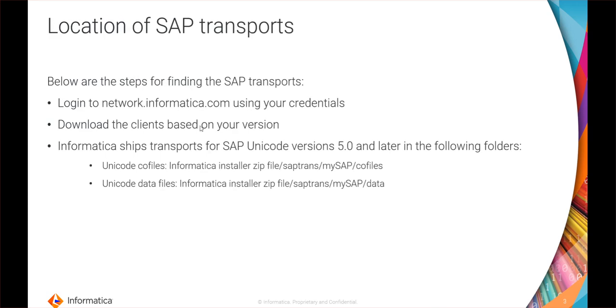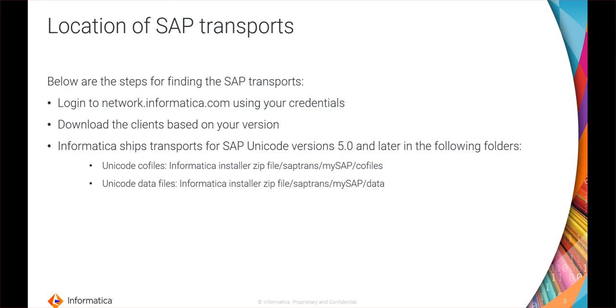The location of the SAP transports. Below are the steps for finding the SAP transports. First, we have to log into the Informatica portal, that is network.informatica.com, using your credentials. Then we have to download the clients based on your version.